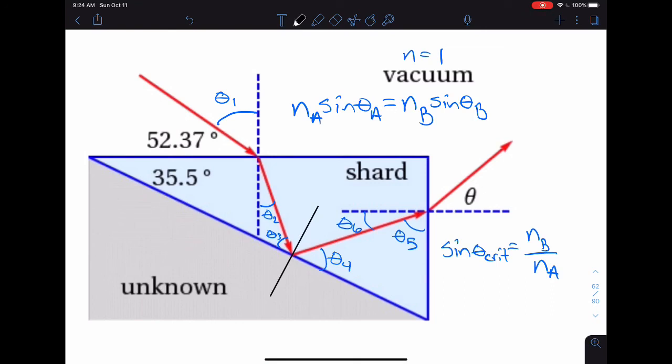And then this angle right here, which of course is going to be 90 minus theta sub 3, is the critical angle, or that's what we're going to treat as the critical angle. Again, it's not the critical angle. We know that because we're getting total internal reflection, but we're going to treat it as the critical angle so we can find the upper bound for n sub b, for the index of refraction for the unknown material.